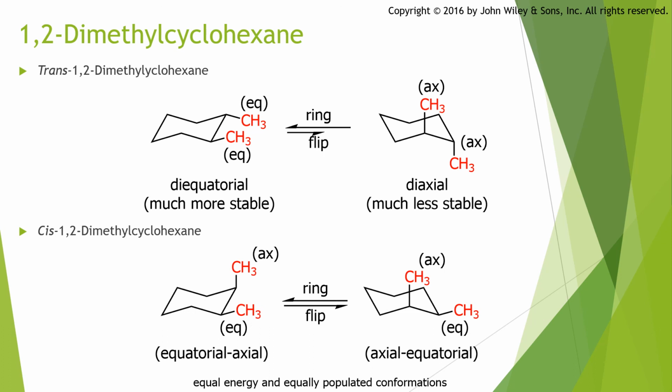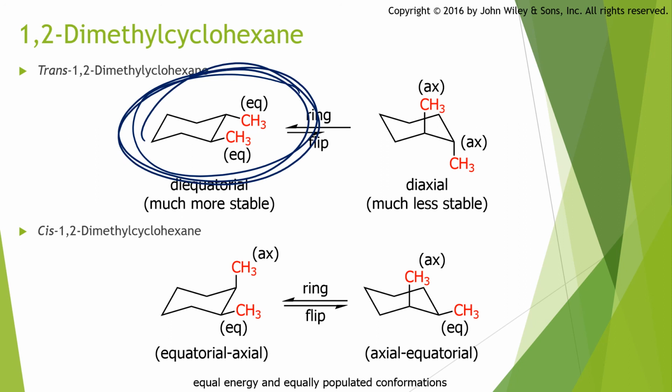When it's cis, the carbons that are next to each other, the up position on one can be equatorial, but in the next carbon over, the up position is axial. So one gets to be equatorial and one has to be axial. And in the chair flip, you have the same exact situation. So these are going to be in equilibrium. Neither one of these is better than the other. Whereas in our previous example, the molecule is going to live mostly in this conformation and rarely in the other conformation.